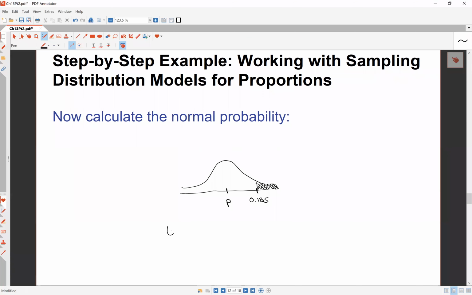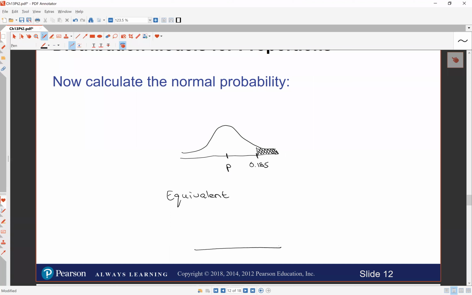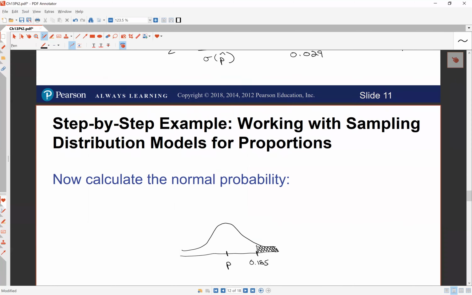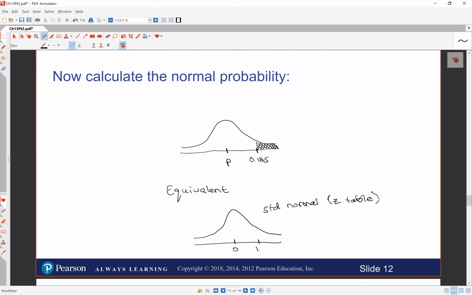But that is equivalent to asking, on a standard normal curve, one centered at 0, one where the z-table is applicable. So my standard normal curve where I can use the z-table. I've calculated a z-score of 1.897. I want to know what the area is to the right of that value.